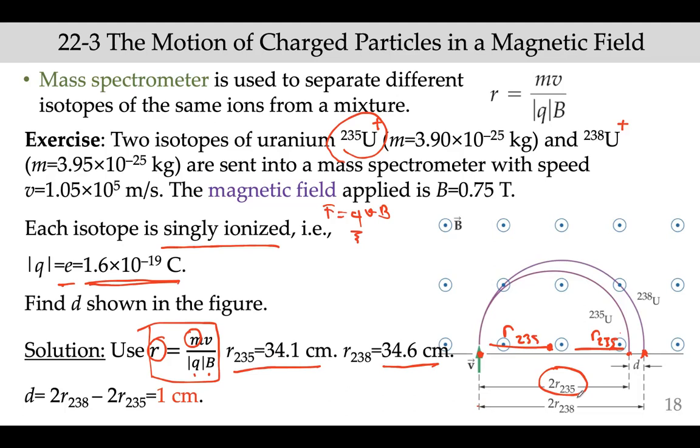And for the larger circle, you have to take 2r238. If you take the difference between them, you will find D to be 1 centimeter. And that separation is enough to collect 2 different isotopes.